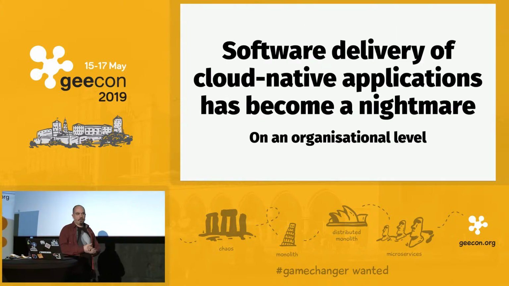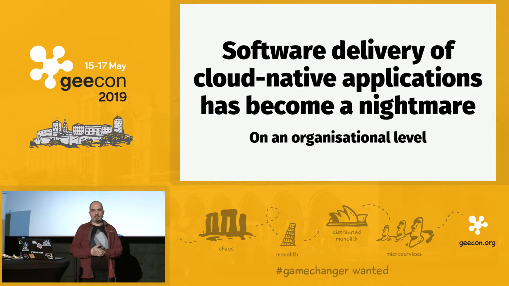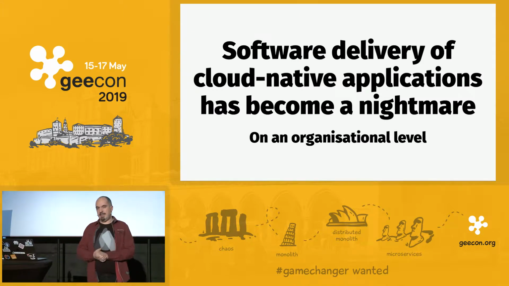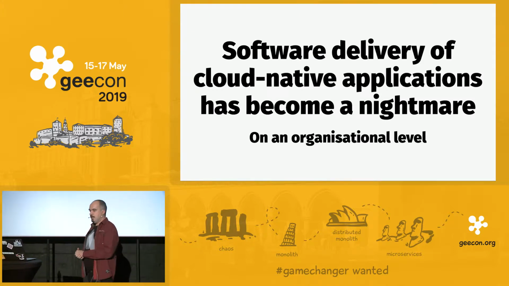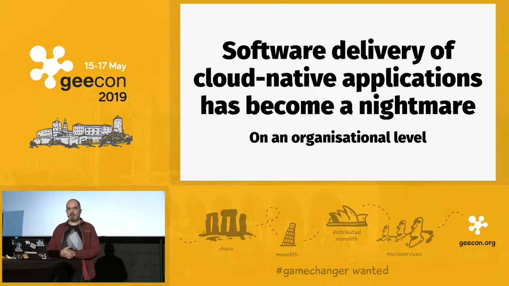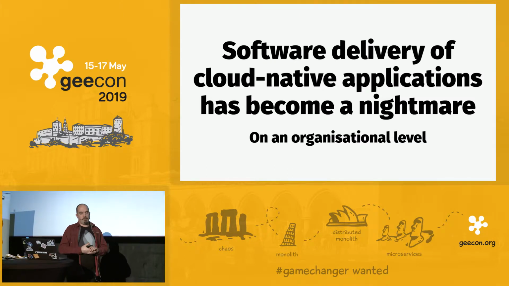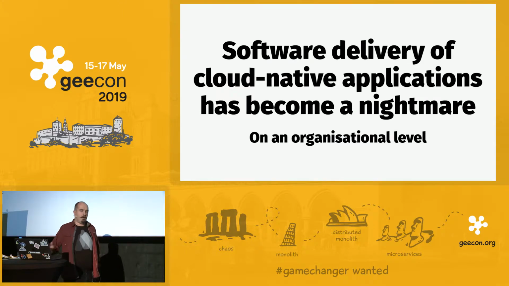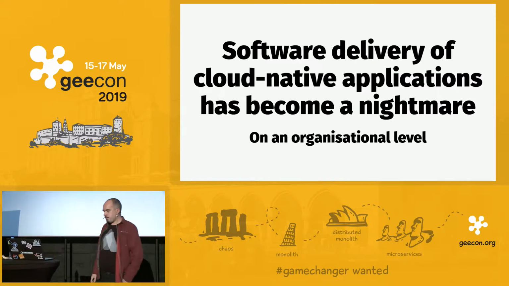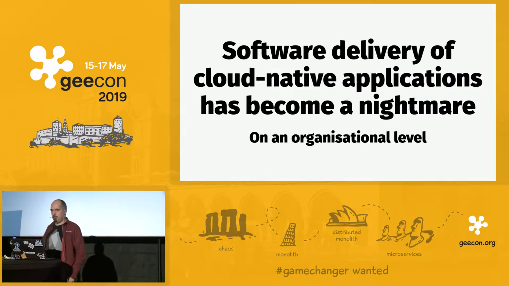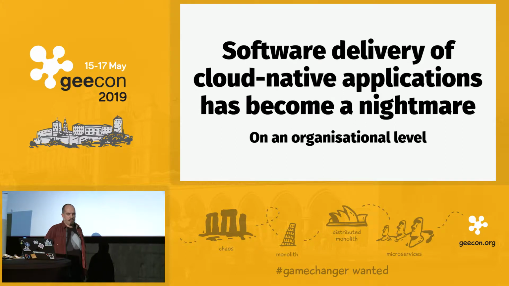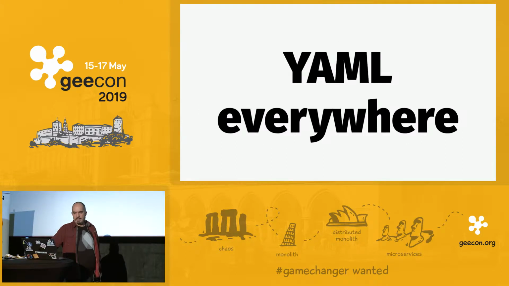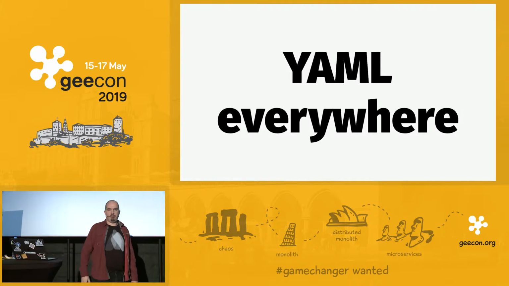But of course, if you look at the software delivery, it has become a bit of a nightmare, at least on an organizational level. If you look at the existing CI/CD systems, that was really interesting if you had 1 or 2 or 3 projects to get deployed. But now we're talking about a lot more projects that we need to deploy into production or other environments. And there is YAML everywhere.